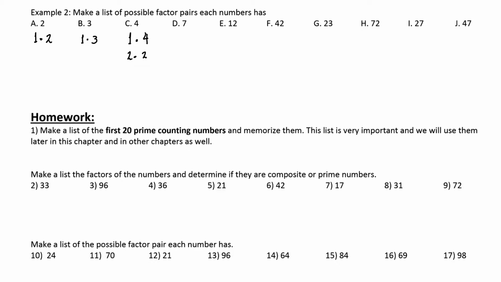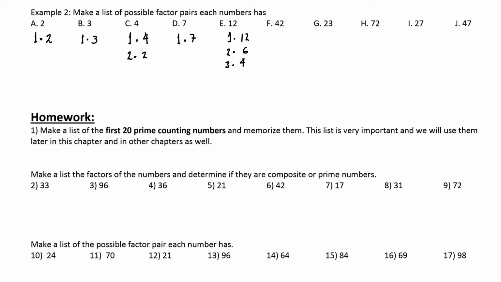We go back to the prime number, which is only 1 times 7, and the composite number 12 has different factor pairs. The list goes like this: 1 and 12, 2 and 6, 3 and 4. Now, an easy way to remember this: you always start with the smallest number, with 1, and work your way down to 2, 3, and 4. As your numbers get closer, you know you're going to get to the end of the list.